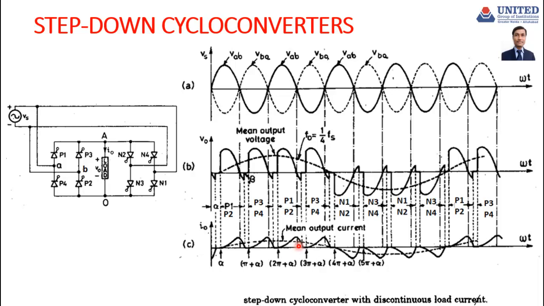After 4 positive half cycles of load current and load voltage, the thyristors N1 and N2 are triggered at 4 pi plus alpha when A is positive with respect to B, because N1 and N2 are forward biased, so they start conducting, but load current direction is reversed.